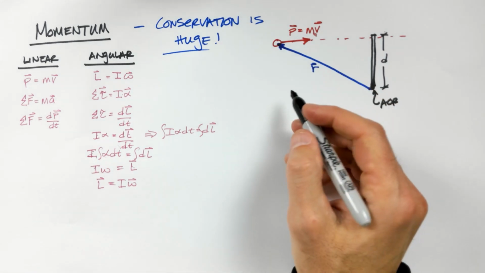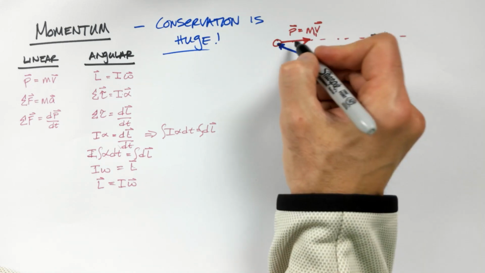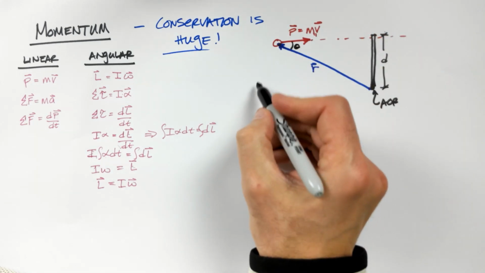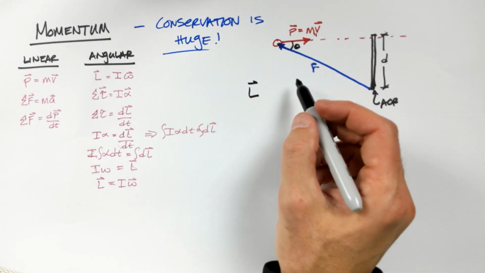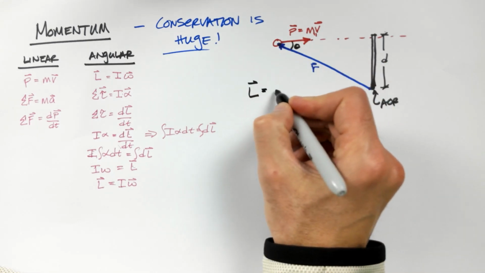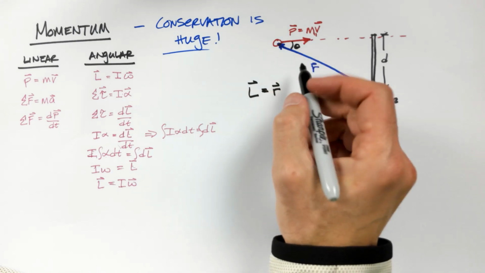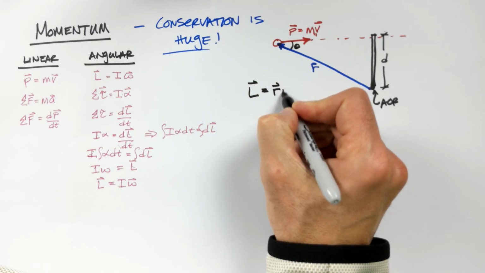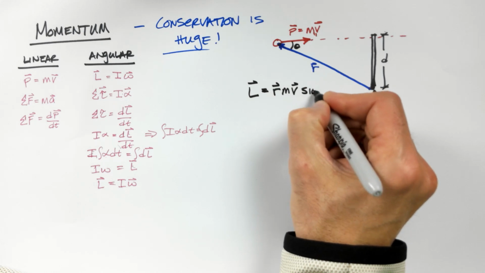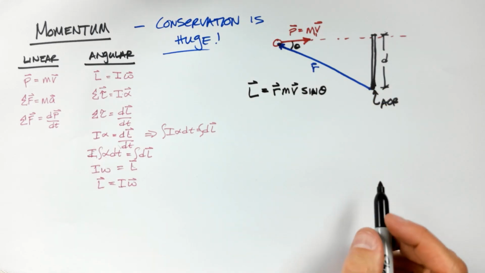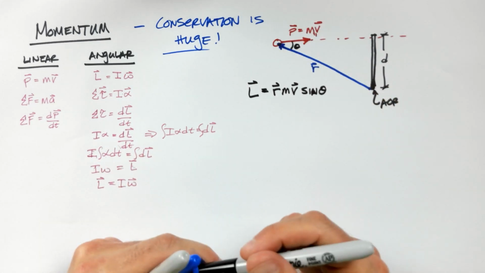Linear momentum has angular momentum with respect to this r and this angle theta, and that is defined. So the angular momentum for this object moving with a linear momentum is going to be equal to r mv, so it's linear momentum, times the sine of the angle between the r and the v vector, or the r and the momentum vector.